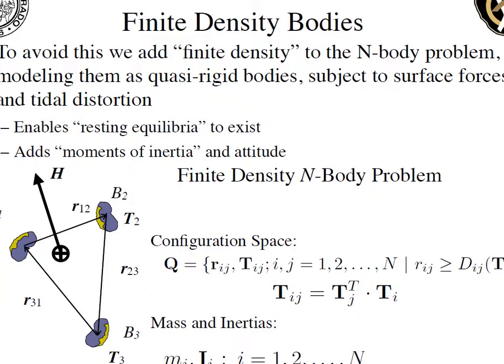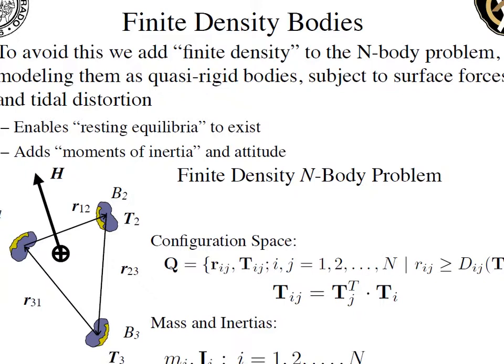Although it complicates the problem, of course. First, in the configuration space, we need to worry not only about the relative positions of the bodies, but now the relative orientations as well. And I've just represented this here by a transformation matrix between the attitudes of two bodies.